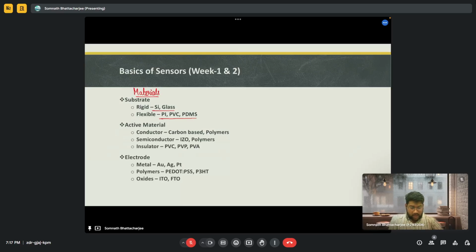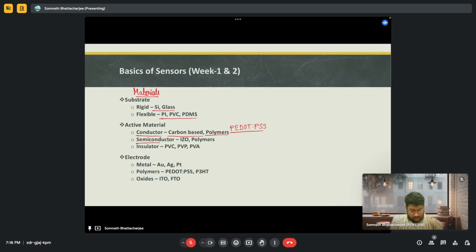Now based on the active material, conductors can be made out of carbons as well, or even polymers. So a polymer conductor may be PEDOT:PSS. By increasing the doping parameters inside PEDOT, we can convert it into a conductor itself.